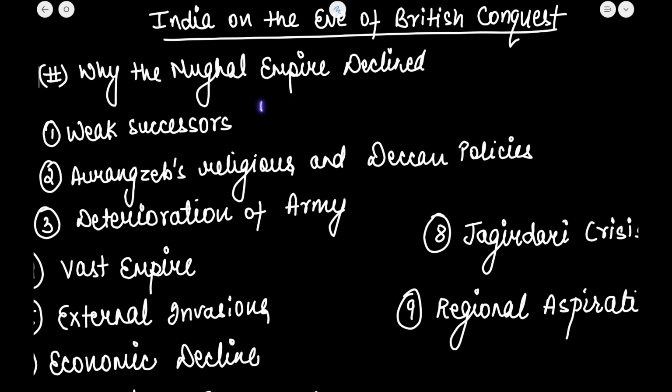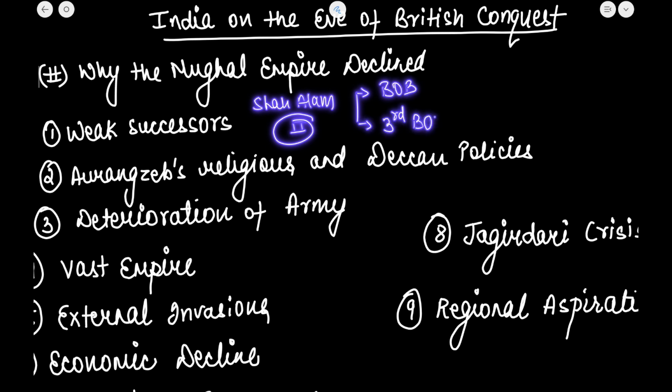Next weak successor was Alamgir II. During the reign of Alamgir II, the battle of Plassey in the year 1757 was fought. Next weak successor was Shah Alam II. During the reign of Shah Alam II, the battle of Buxar, and then the third battle of Panipat in the year 1761 were fought. In this battle of Panipat, Ahmad Shah Abdali successfully defeated the Marathas.